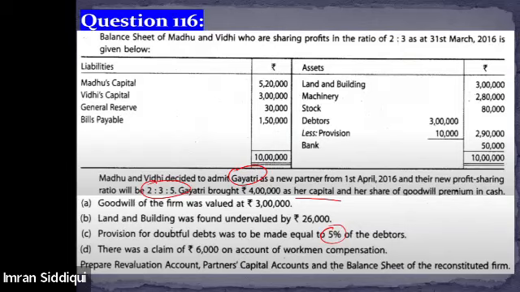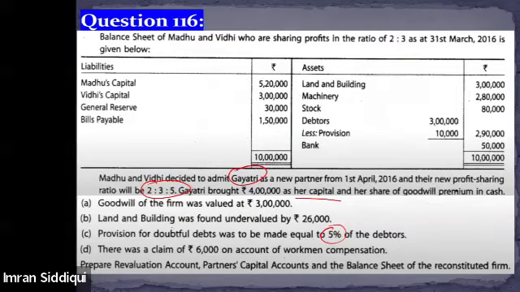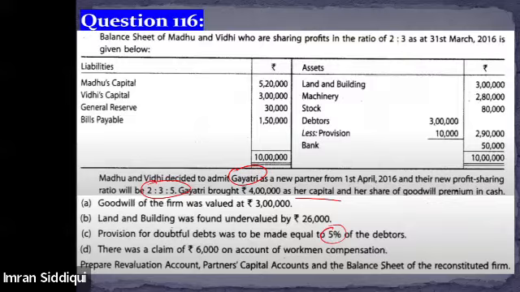That means Gayatri's share will be 5 by 10. So when you calculate 5 by 10 of 3 lakh, you should get 1,50,000. Yes. Her share of goodwill will be 1,50,000.